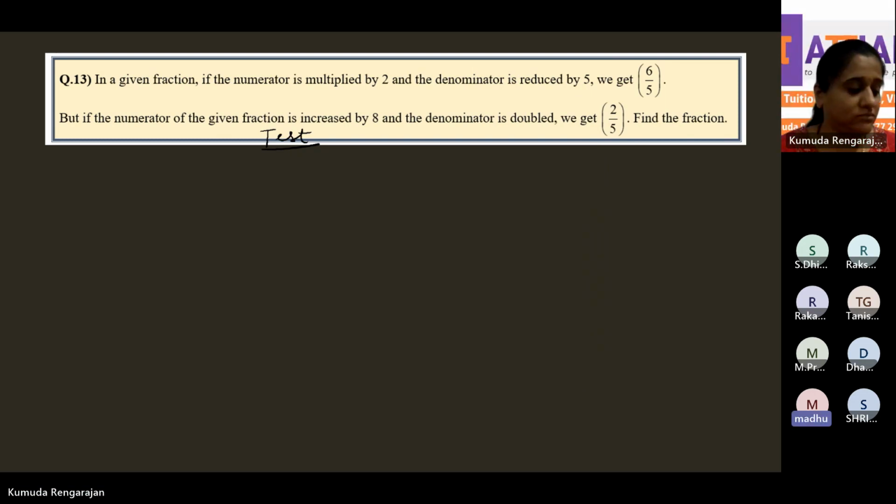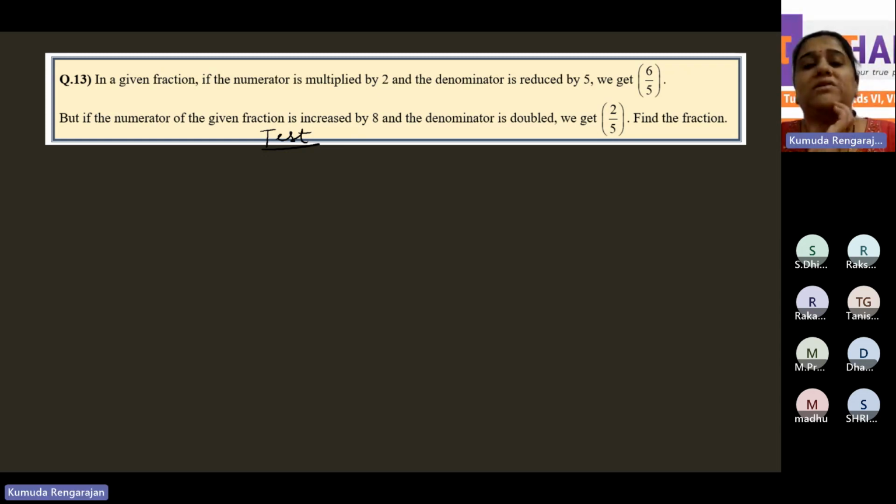Ma'am, can I announce my answer? What's the fraction? 2 by 5, ma'am. No. 2 by 5 cannot be the fraction also because in the question itself we have 2 by 5, right? That itself cannot be the fraction. We cannot get 6 by 5 or 2 by 5 as the fraction. Yes, ma'am, I'll recheck my answer.